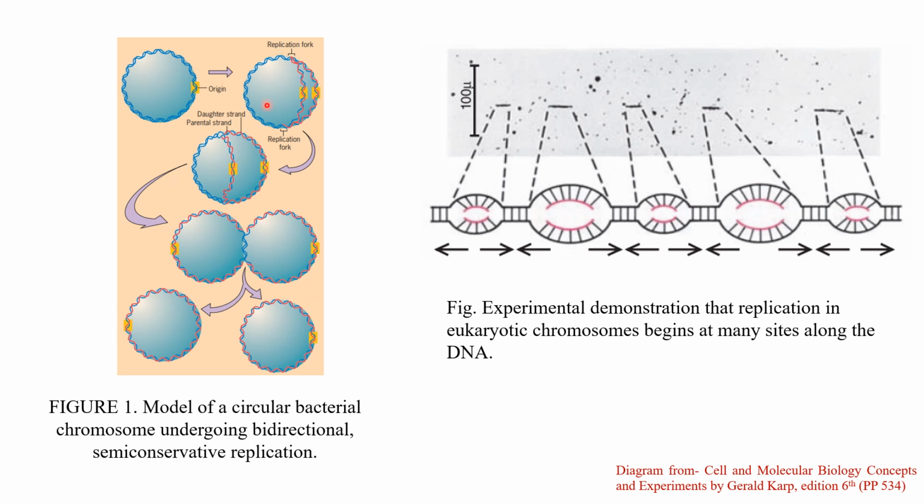As bacteria have a circular chromosome, termination of replication occurs when the two replication forks meet each other. While in a eukaryote, DNA replication initiates at multiple points in the chromosome. So the replication forks meet and terminate at many points in the chromosome.